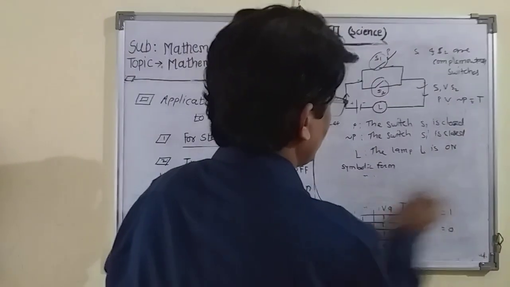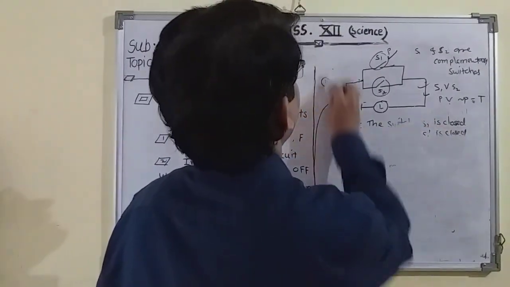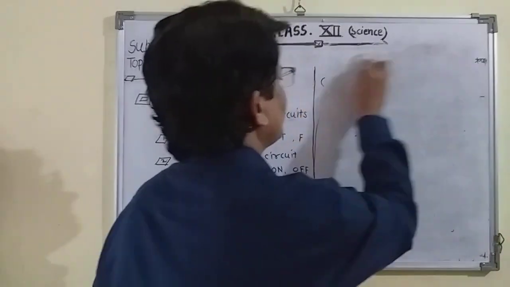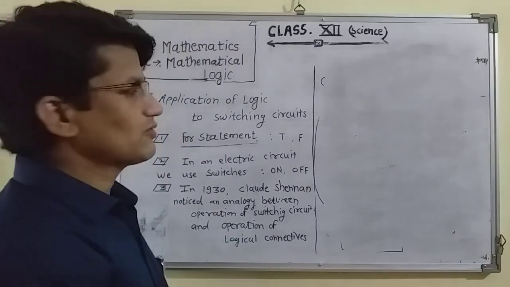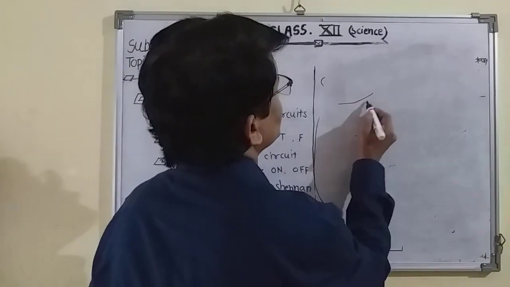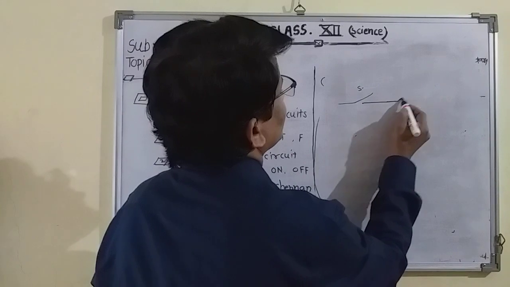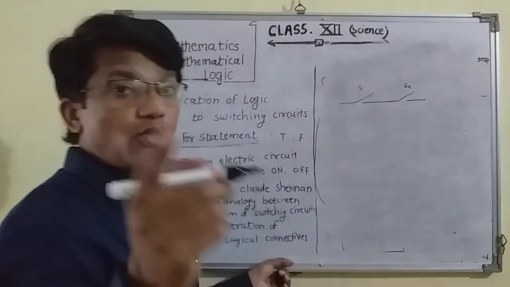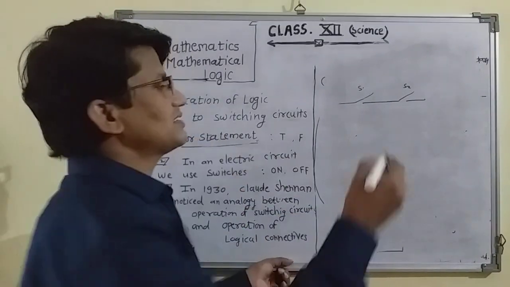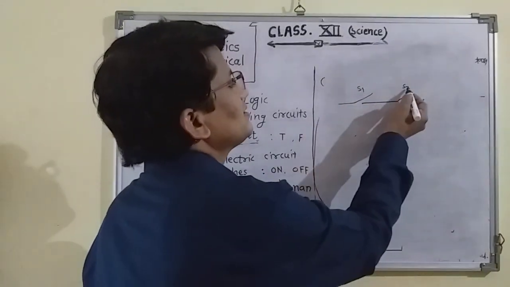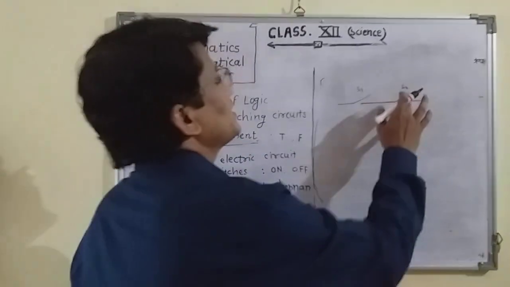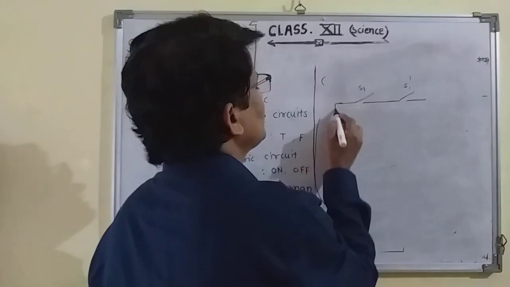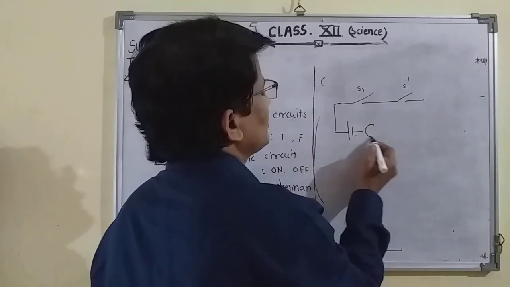Now if the two switches are connected in series, I am using complementary switches in series. This is S1, here S2. These are now in series, but we are using complementary. Whenever one is closed, the other is open. So S1 dash, I am not writing S2 here, S1 dash. In this condition, what will happen? Here is a battery, here is a lamp.